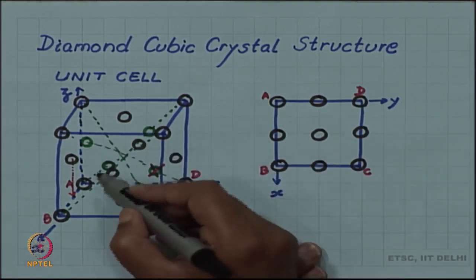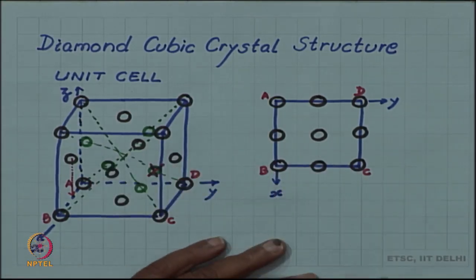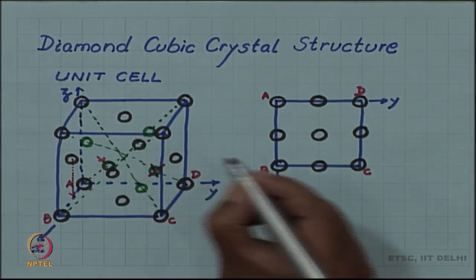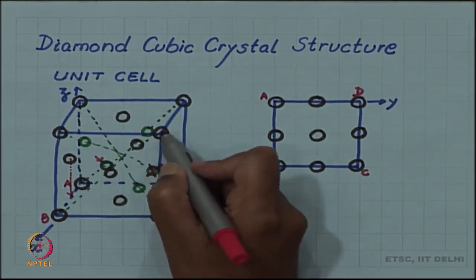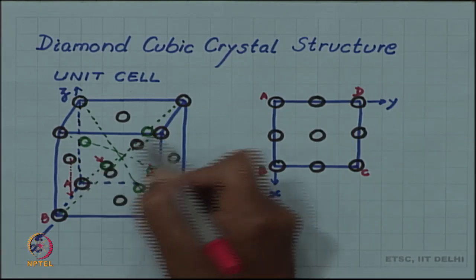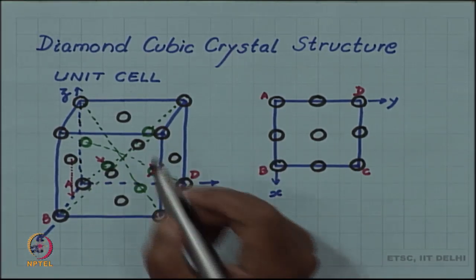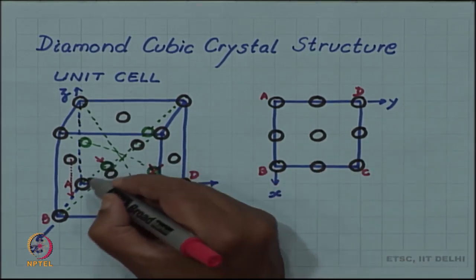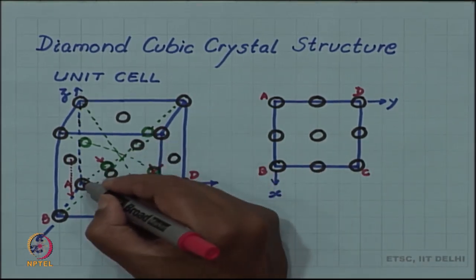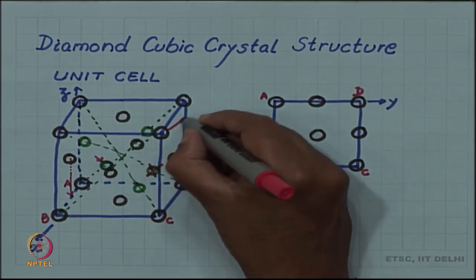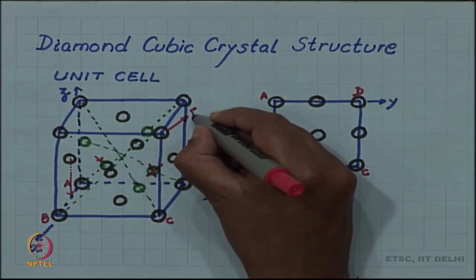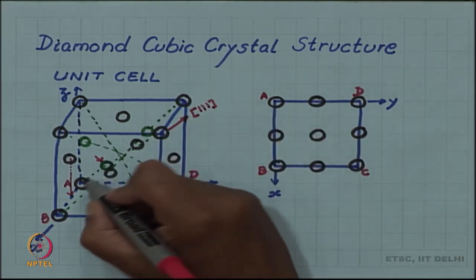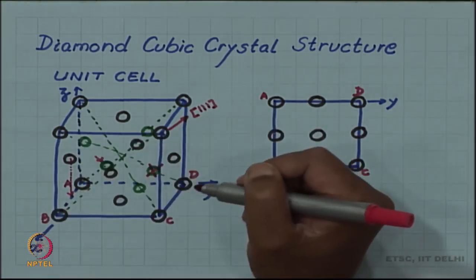Now, let us look at the body diagonal one. So, this particular atom on the body diagonal is located at 1/4 of this body diagonal, starting from A. So, what are its coordinates? Since it is 1/4 of the body diagonal, and the body diagonal direction, if you find the Miller indices, is a 1 1 1 direction, it is equally inclined to all the three axes.